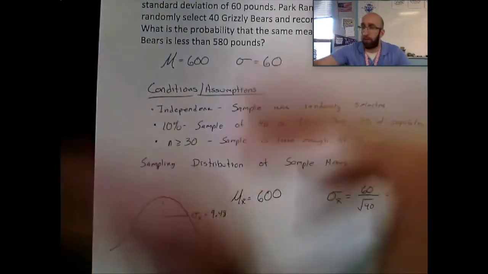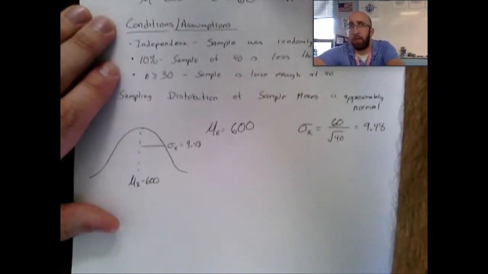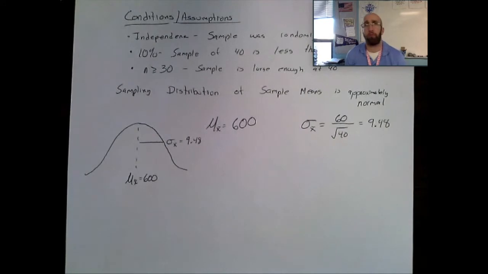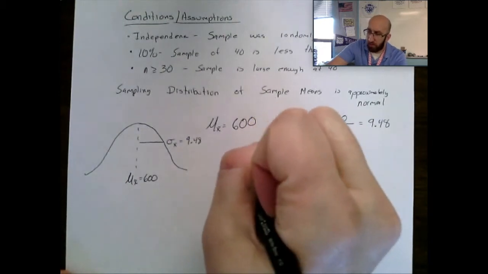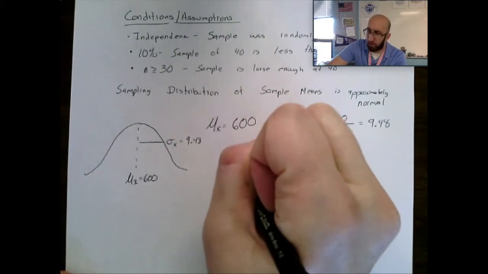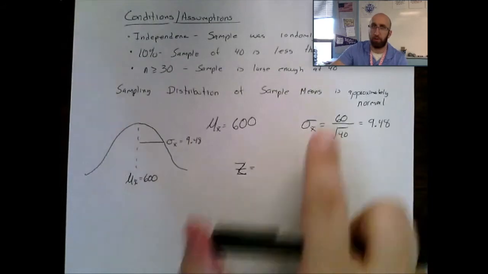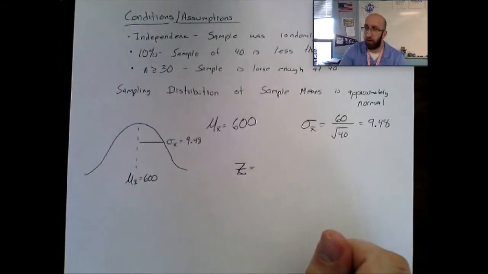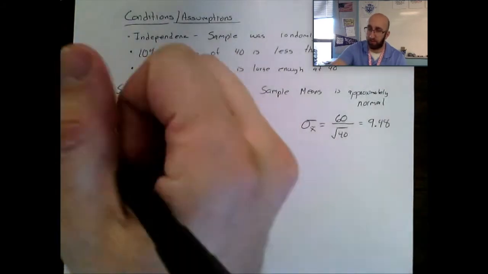Once you have a sampling distribution that is approximately normal, we can race off to z-scores, get a probability, and get our answer. Let's start with a z-score. We need to know our cutoff point, which is that x bar of 580. We wanted the probability that my sample mean weight of grizzly bears is less than 580 pounds.